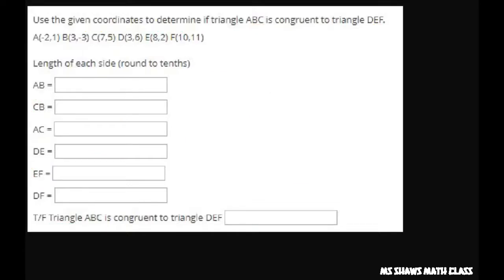So we have AC with DF. So here's AC. I'm going to go this way for that one.